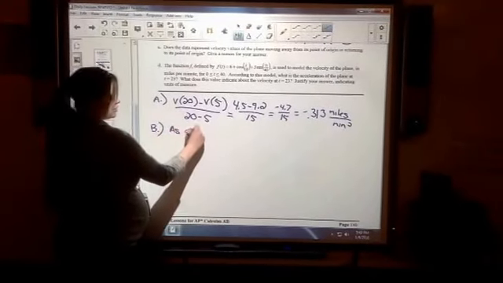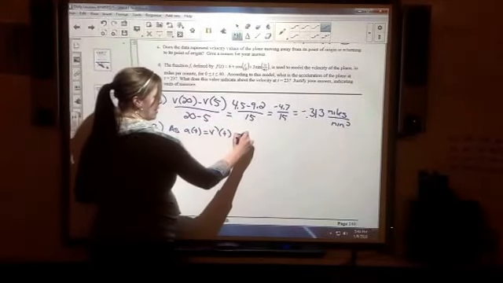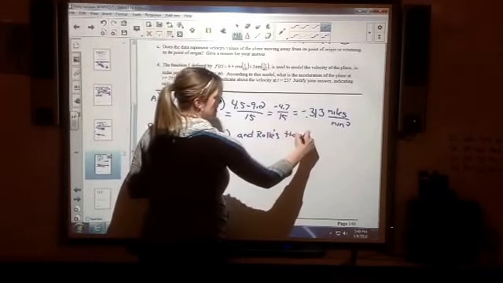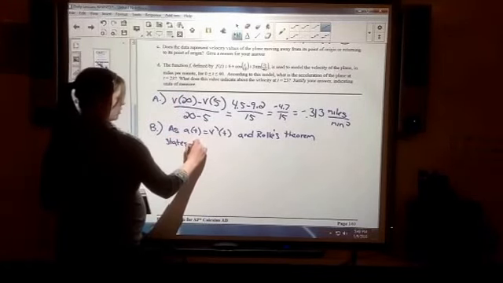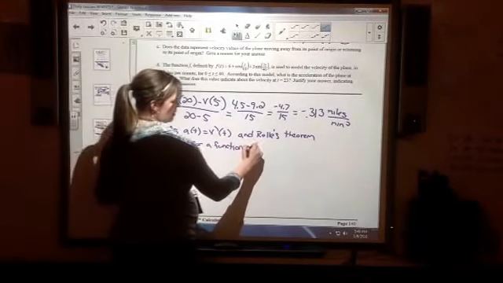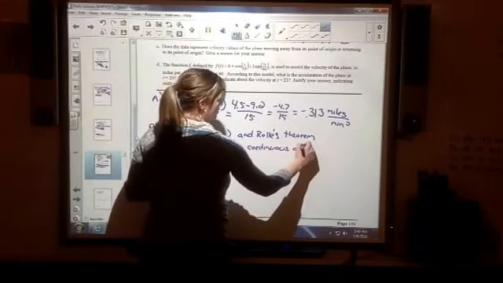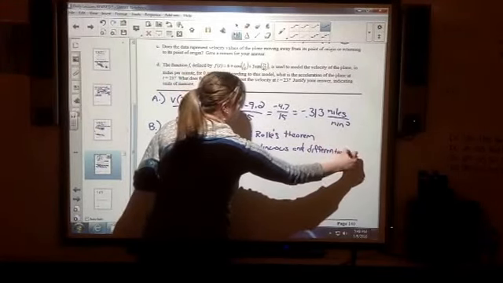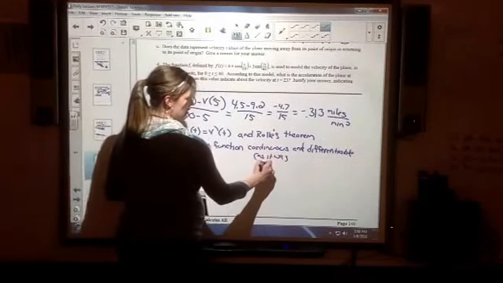So if I'm doing this, I'm going to use justification first. So a of t is equal to v prime of t. And Rolle's theorem states for a function continuous and differentiable, as it was given, so I'm writing below continuous.